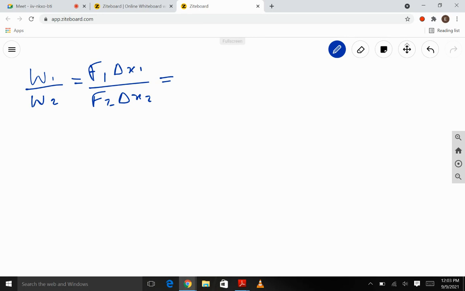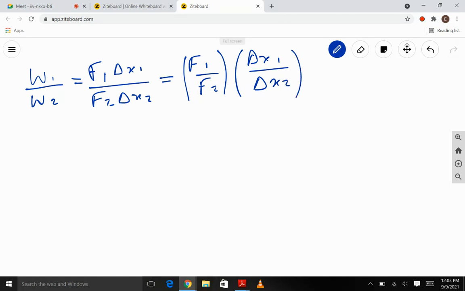Now, remember that so far we've actually made some derivations, right? From the working that we've done, let's just separate them. You realize that we've got terms for F1 and for F2. We've got things that we've worked on earlier on, and we've also worked on something for the change in one and the change in two.